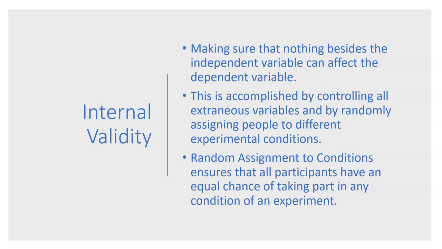And then you randomly assign people to groups to ensure that characteristics, personality attributes, experience variables, are going to be equally spread out across all of the conditions of your experiment. So what we often call this is experimental control. Internal validity is high to the degree that you've exerted a great deal of experimental control.